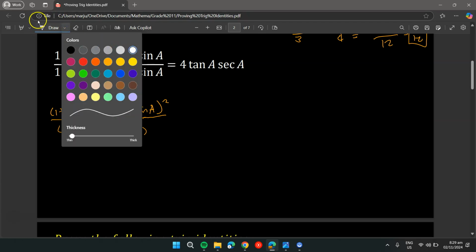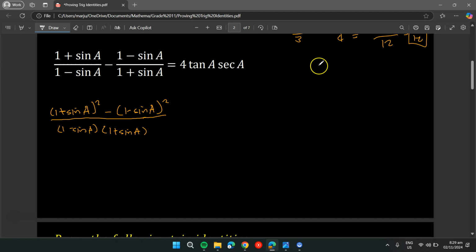So remember that when you have a plus b squared, this is just equal to a plus b times a plus b, right? The same is true here. We have 1 plus sine a squared, so that is just equal to 1 plus sine of a times 1 plus sine of a.